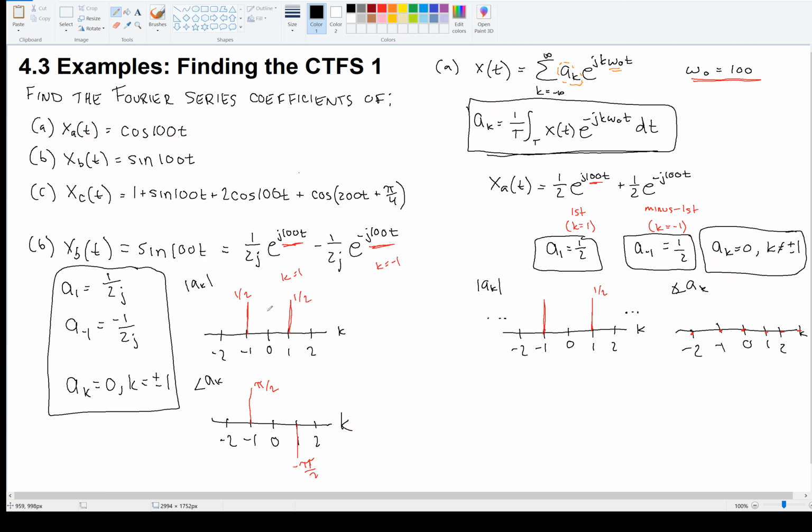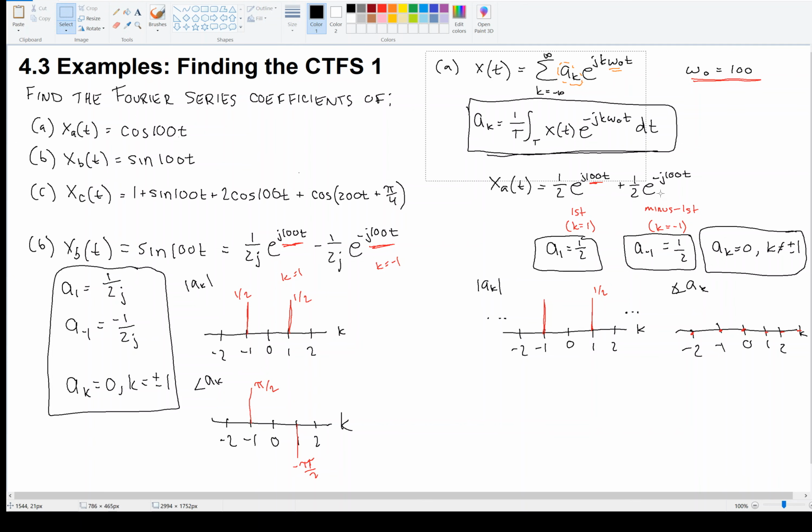The sine wave has half of its energy in the minus first harmonic and half in the first harmonic, just like the cosine. However, the sine wave has its first and minus first harmonics out of phase by pi with one another, because one goes to the right, pi over 2, and the other one goes to the left, pi over 2. So its harmonics are out of phase by pi, and they're each out of phase by pi over 2 relative to the cosine. This is the hallmark of a sine wave.